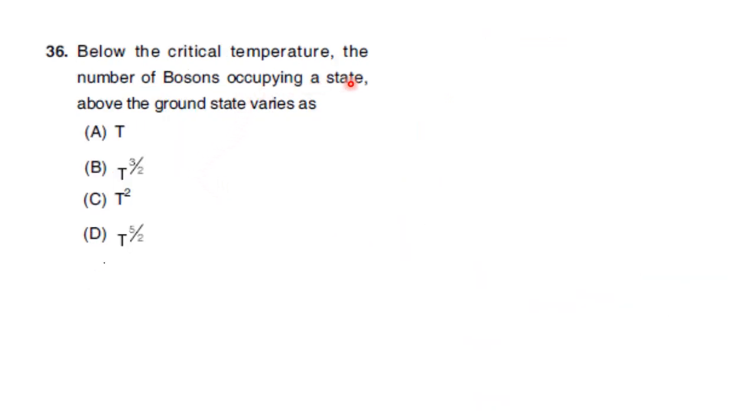Below the critical temperature, the number of bosons occupying a state above the ground state varies as. So this problem is Bose-Einstein condensation.